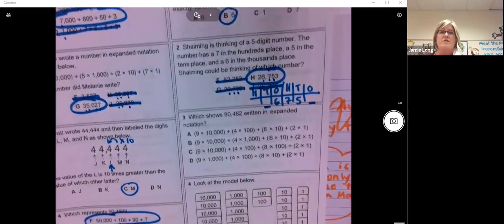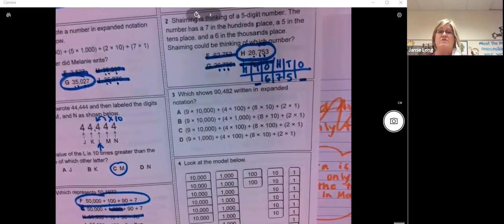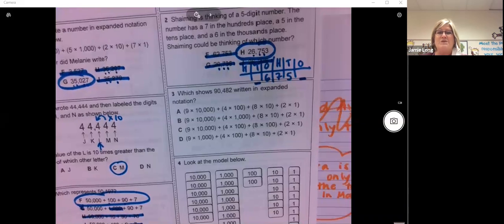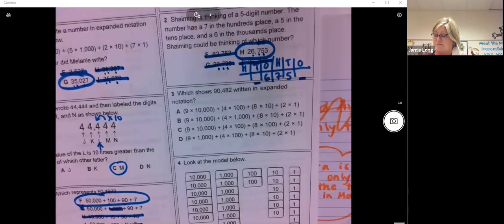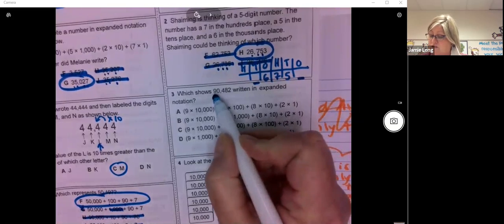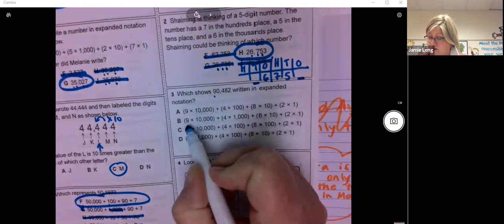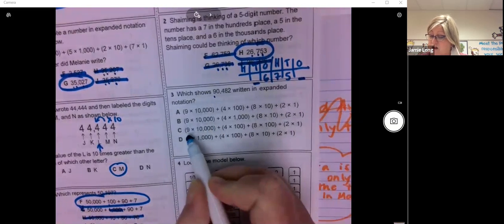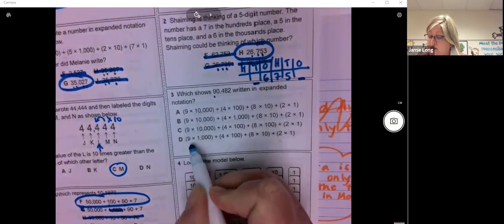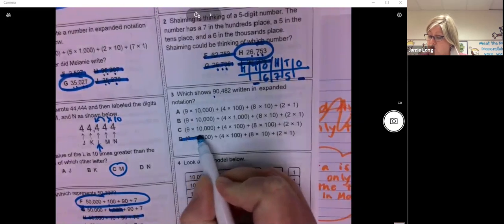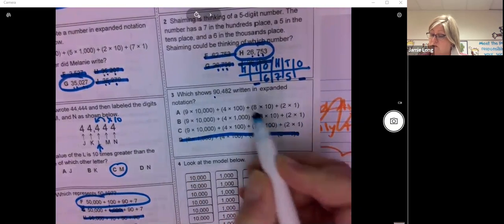Number 3, which shows 90,492 written in expanded notation. So how many 10,000s do I have? 9. So 9 times 10,000, sure. 9 times 1,000, nope, cannot be. Then we go to the next digit that's represented.